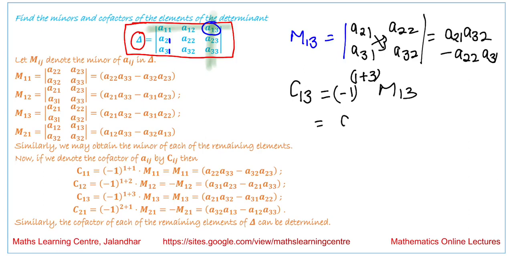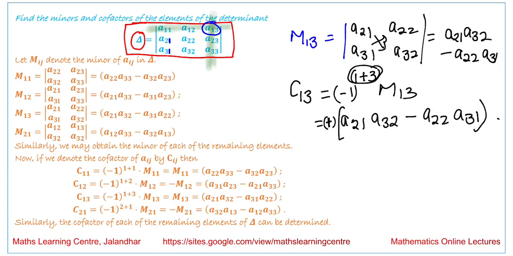So the answer we get, this is minus sign over there, this is plus sign, because 3 plus 1 is 4, and minus 1 raised to the power 4 is plus. So the answer we are getting is A21 A32 minus A22 A31.